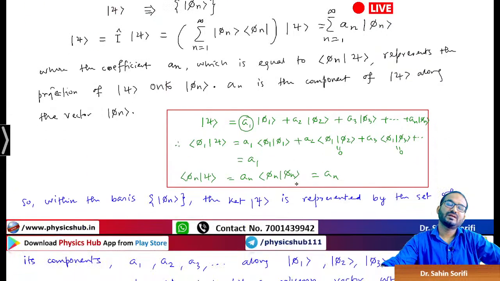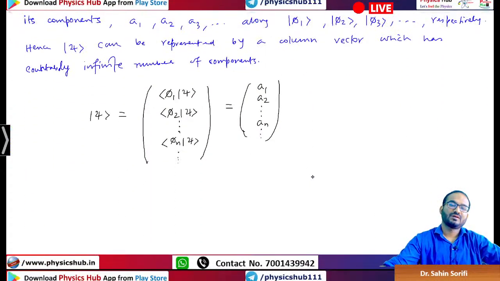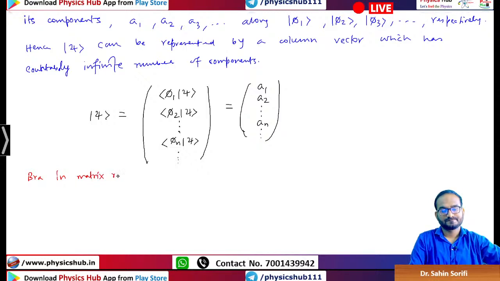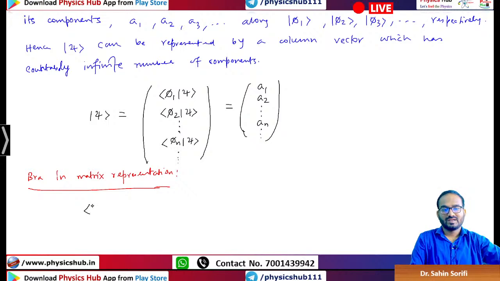Now in a similar manner, if you want to represent a bra, how will you represent it? Bra in matrix representation. So ket is a column vector, and bra is a row vector. So bra psi, what does it mean? You can write it in this way; it is a row vector.